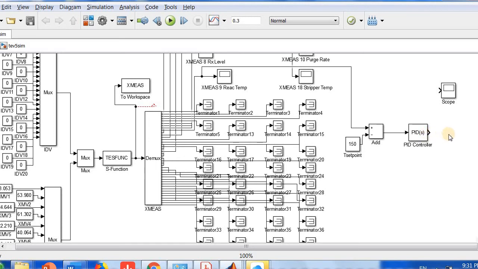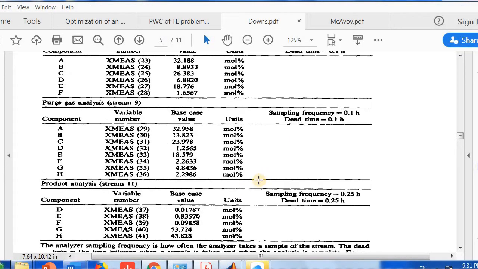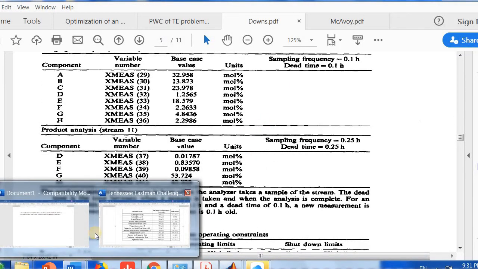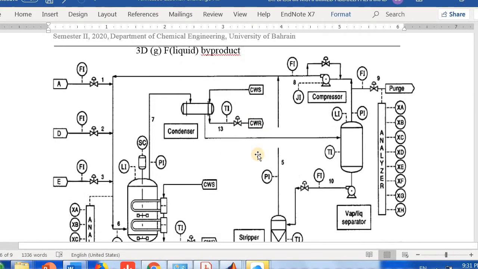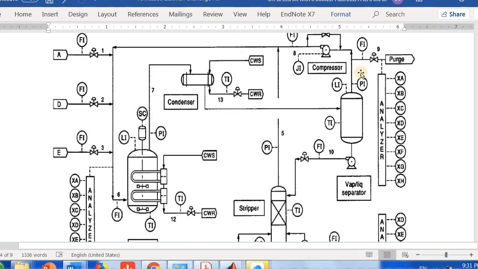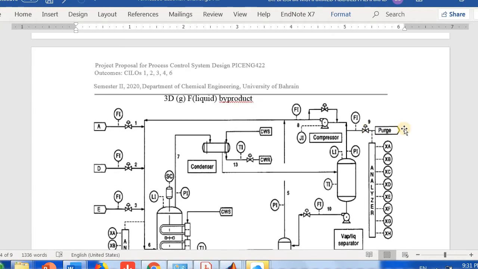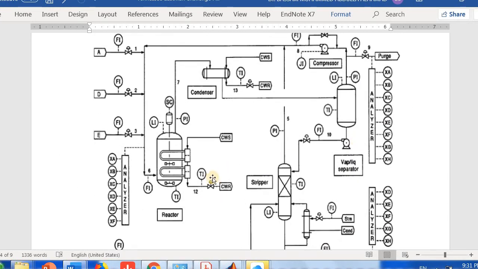Okay, and what's going to be the output? The output of the PID controller goes to the final control element. If you just recall what I'm trying to do here, I have the plant, and in this plant I have the temperature of the reactor.